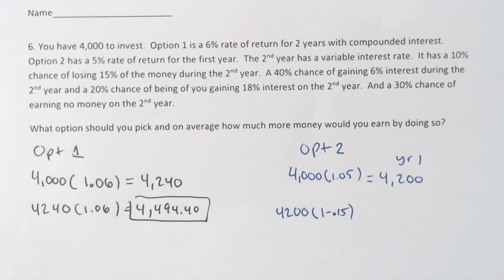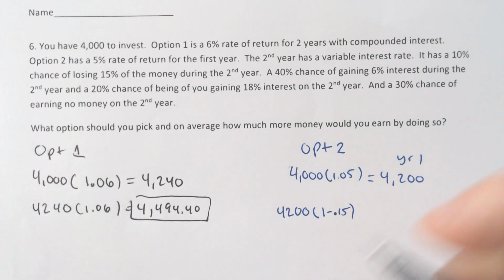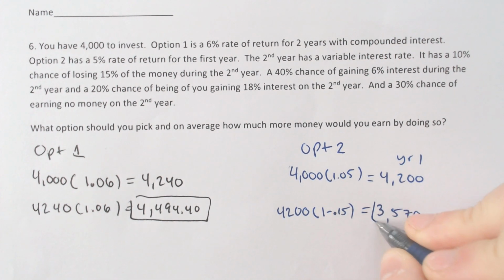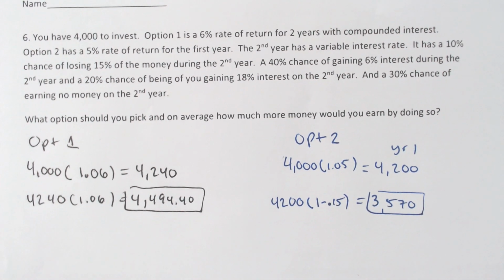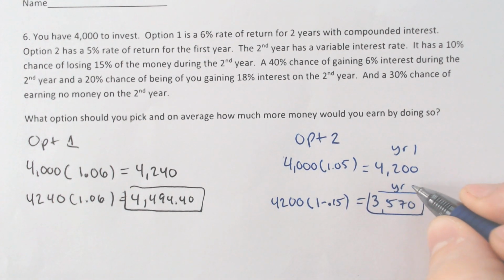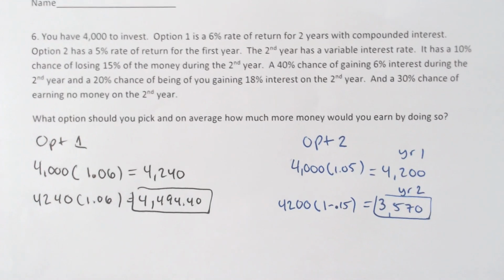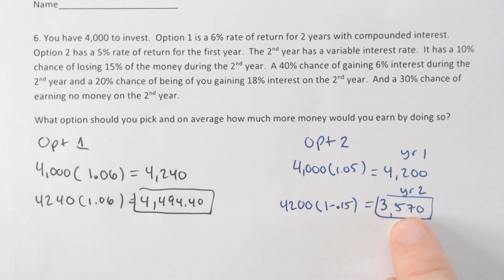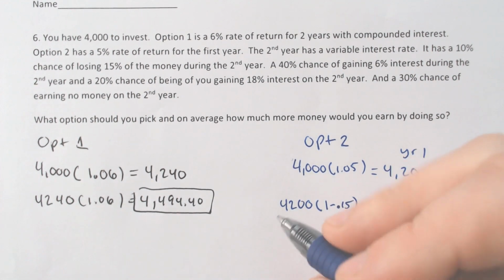So if we do that times 0.85, you end up with 3,570. So that's bad. That's pretty bad. All right, that would be after year two. Now that does only have a 10% chance of happening. So it's not going to be good, but well, let's keep going.